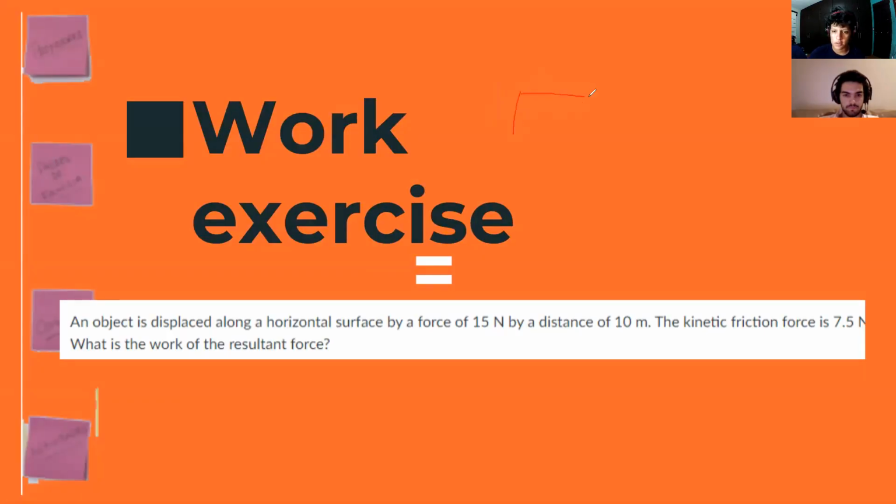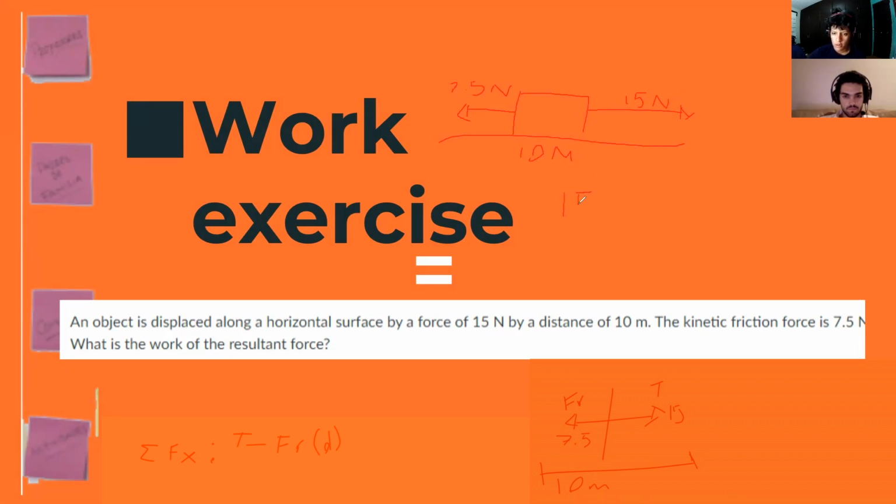First is the box that is pushing with a force of 50 newtons with a distance of 10 meters. And the kinetic friction is 7.5 newtons.